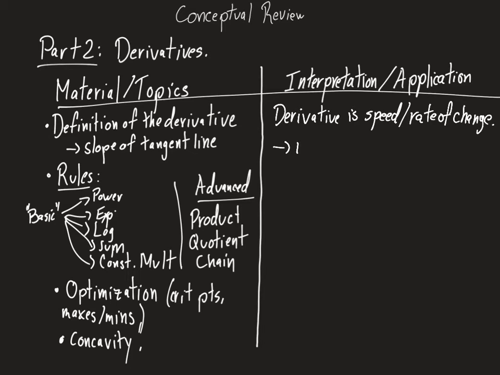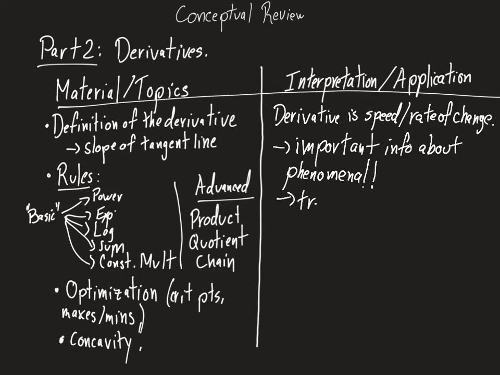And this is very important information about real-life phenomena. Right? These tell you about trends. You know? Are you trending up or down? How fast? The derivative tells you about this, right?